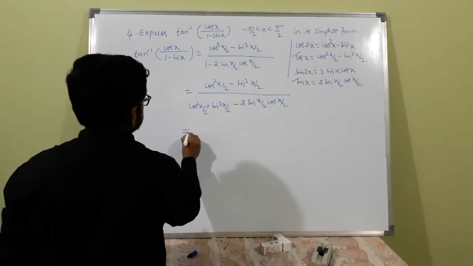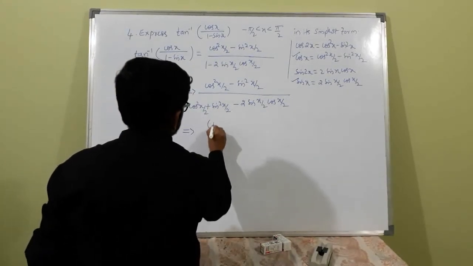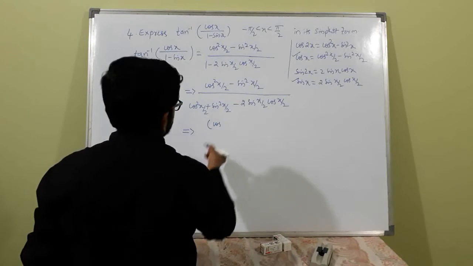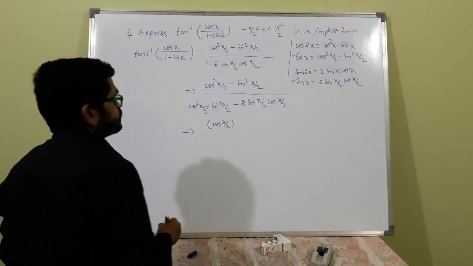This implies cos squared theta minus sin squared theta can be written in a squared minus b squared form.